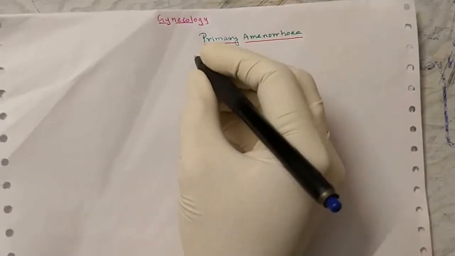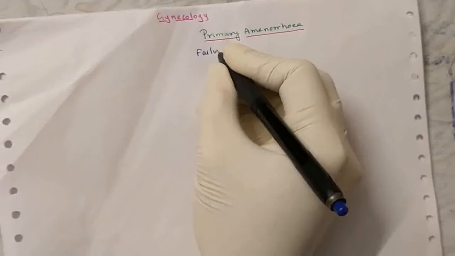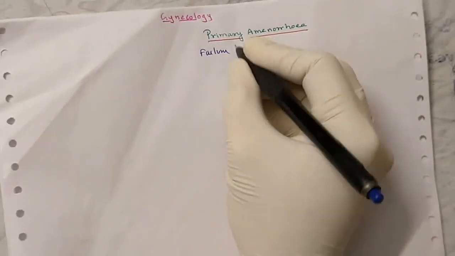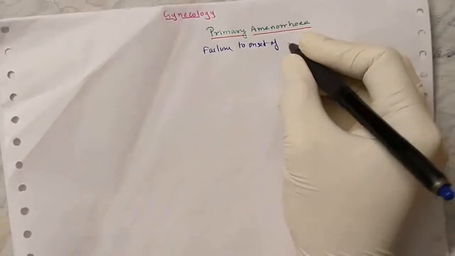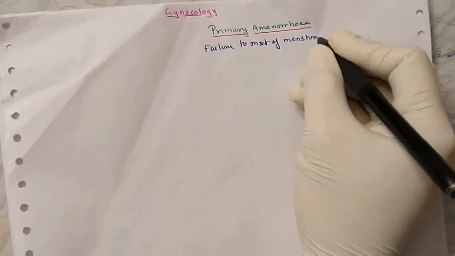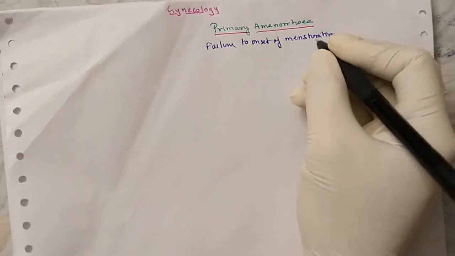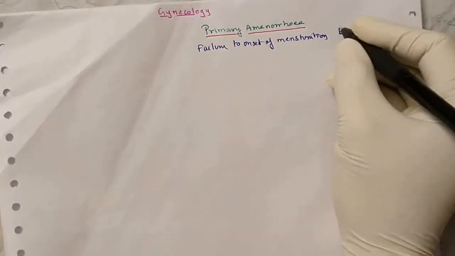So what is primary amenorrhea? Primary amenorrhea is failure of onset of menstruation beyond the age of 16 years. Actually it can be in two forms.